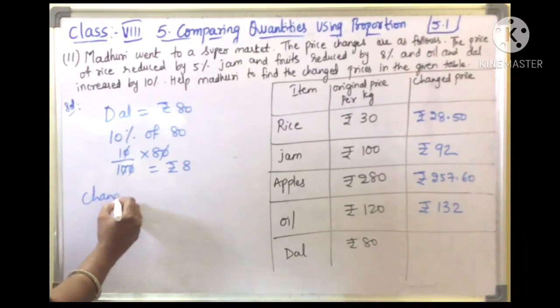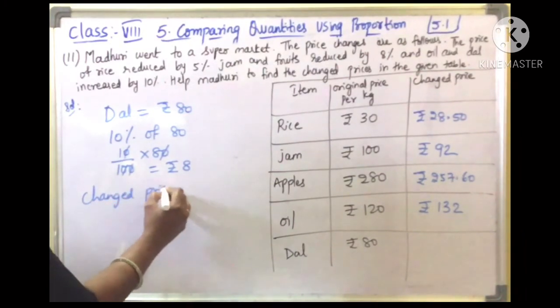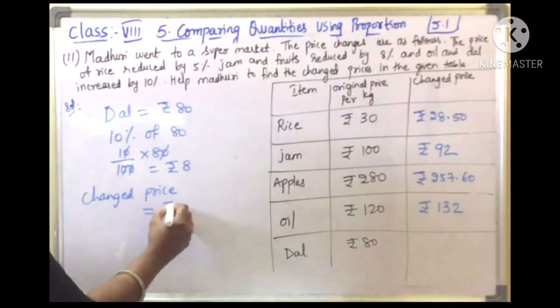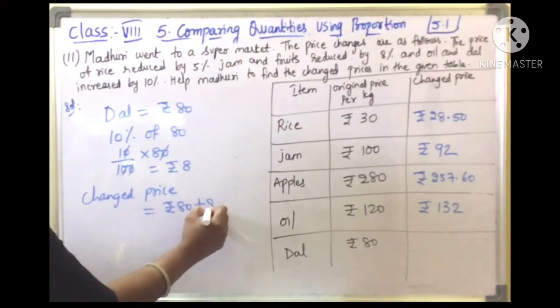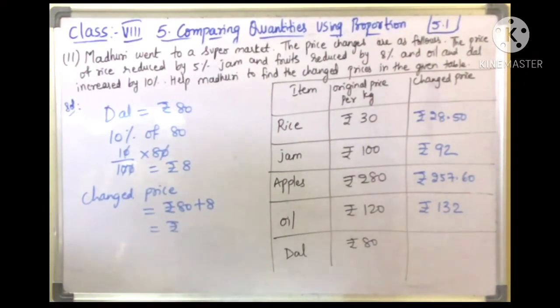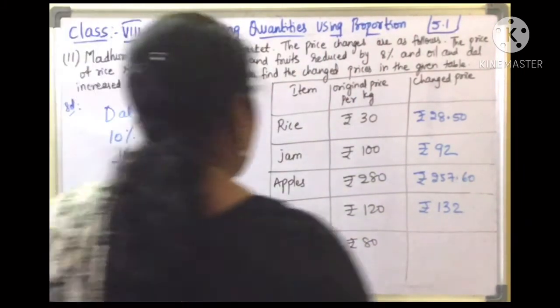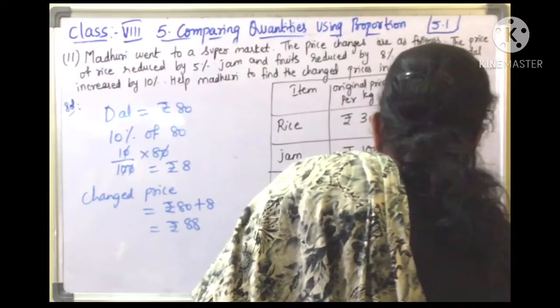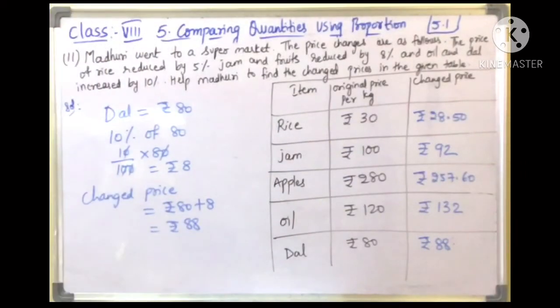Now we need to find the changed price. The previous value of dal is 80. 80 plus 8, how much does it give you? 88. So what is the changed price of dal here? Rupees 88. So finally we got the changed prices by the given conditions.